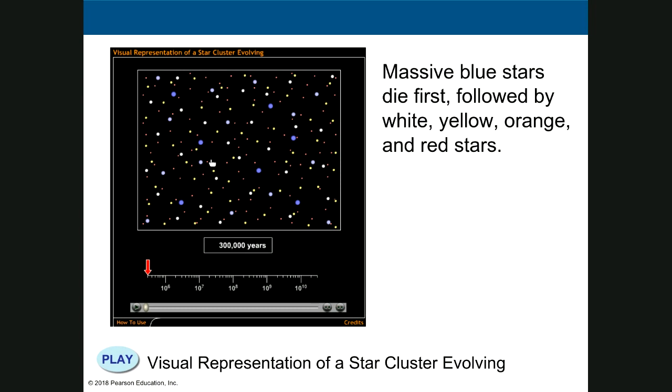The rest is all gone. That happens because the more massive you are, the shorter your lifetime is. So we can gauge the age of stellar clusters by just looking at how many high mass stars are in them. Okay?